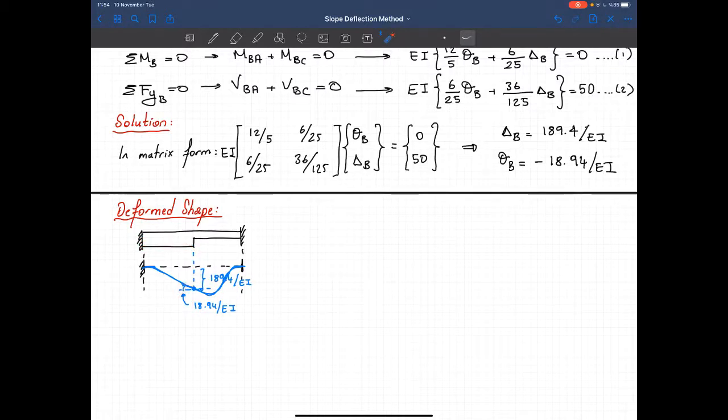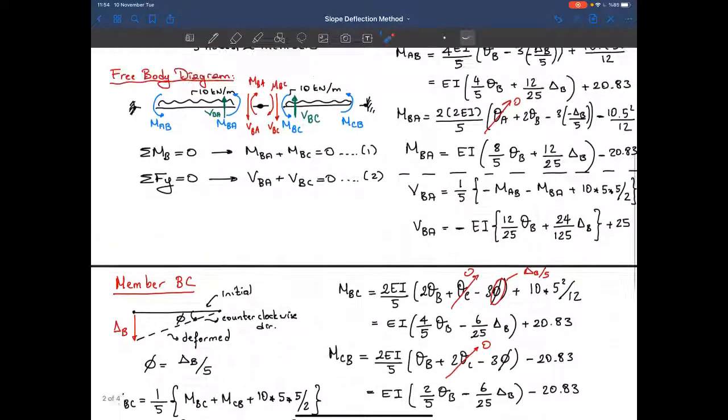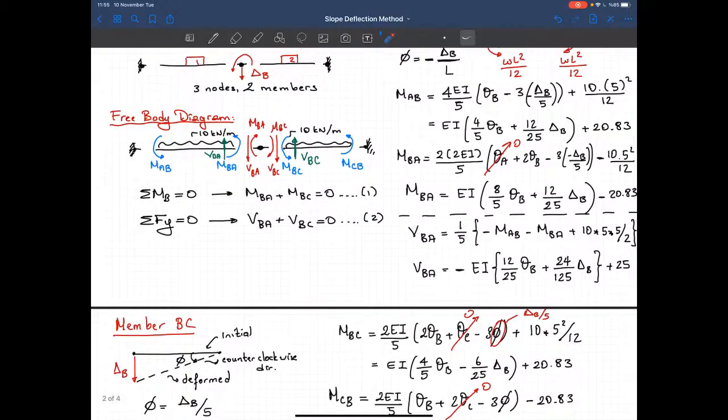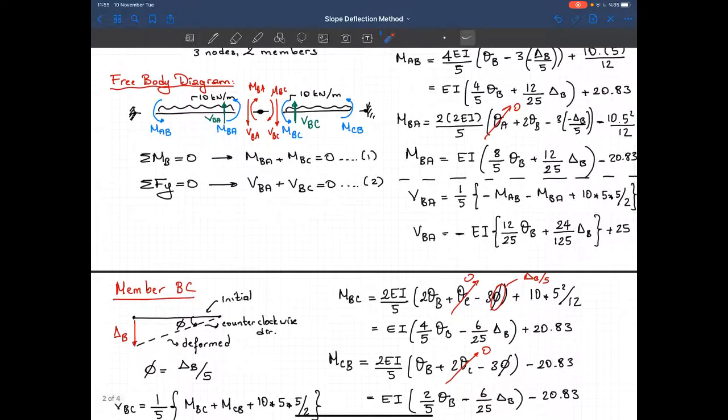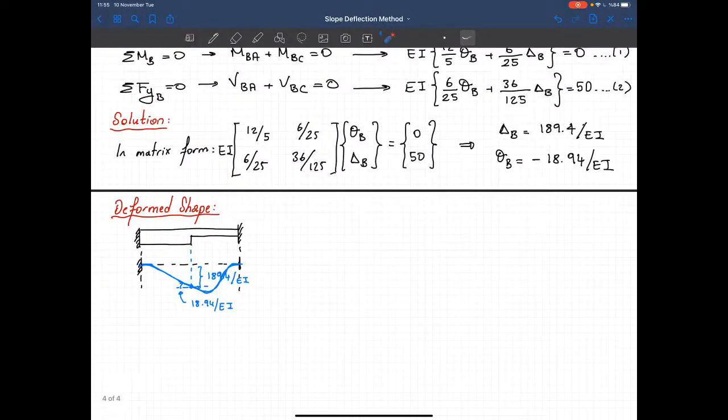It's maybe difficult to comment about the numbers because we don't know what EI is, but we expect to see a clockwise rotation here, and we did. So this solution makes sense. But of course the solution doesn't end here. I have to go back, calculate the moments, and draw the moment diagram.